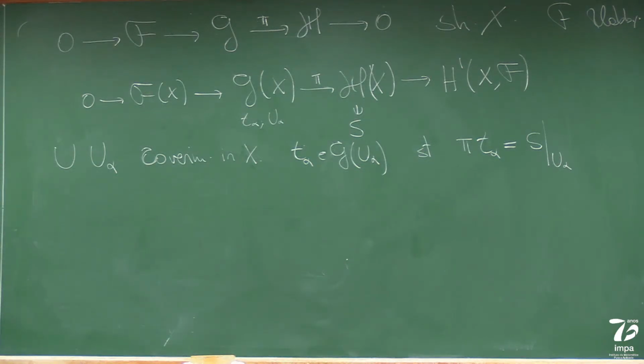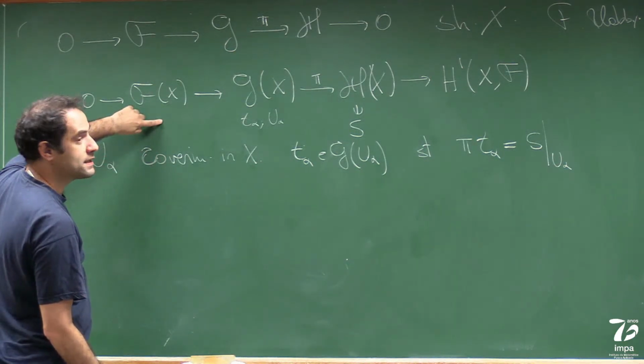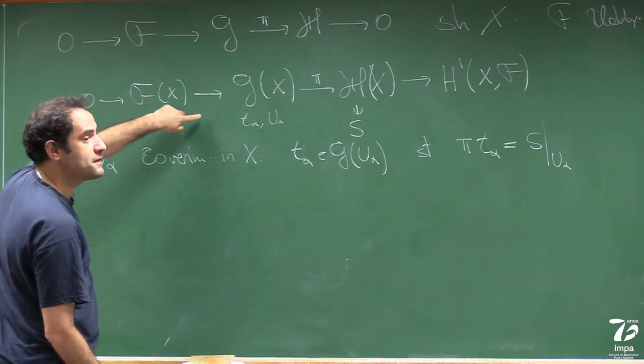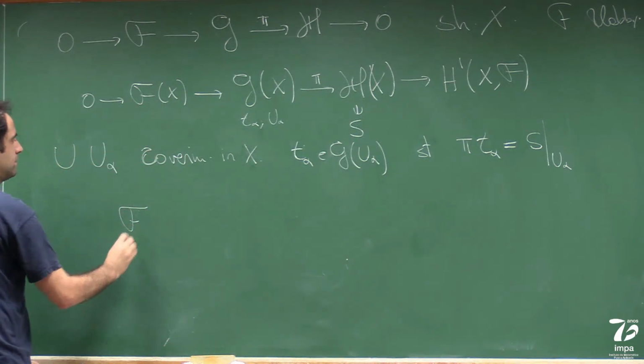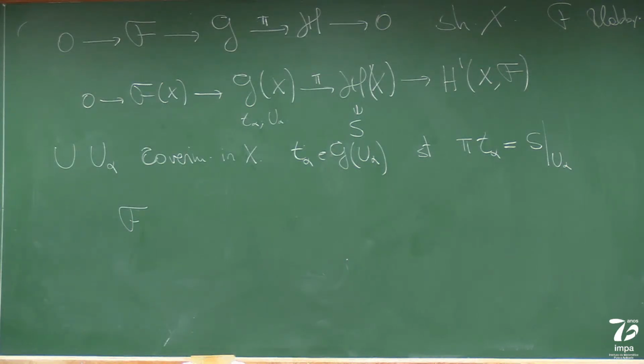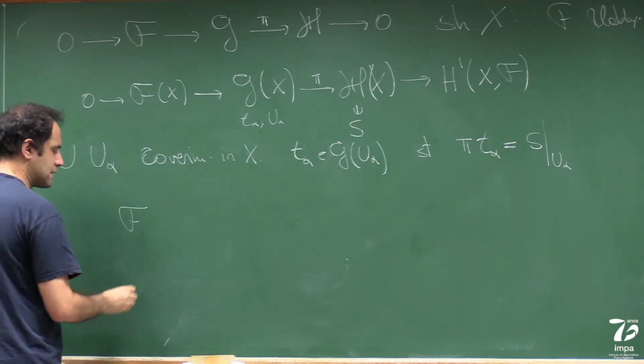Okay, now what I could do is I could restrict my sheaves to U alpha. So what I recognize is the following.